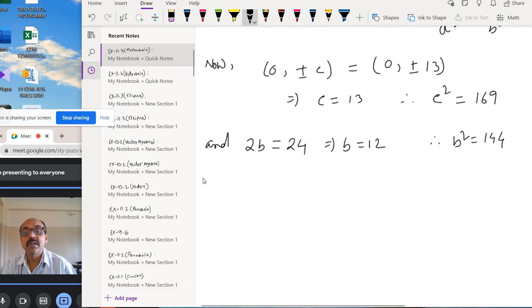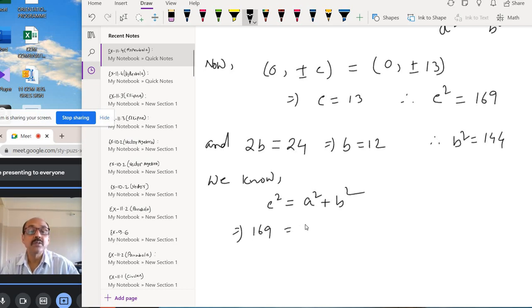So find a square. We know c square equal to a square plus b square, and c square equal to 169. So 169 equal to a square plus b square, which is 144.